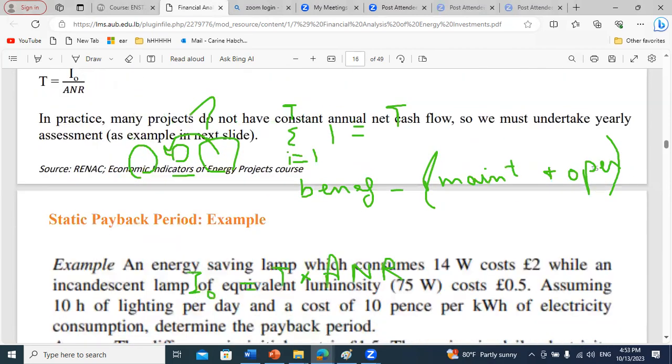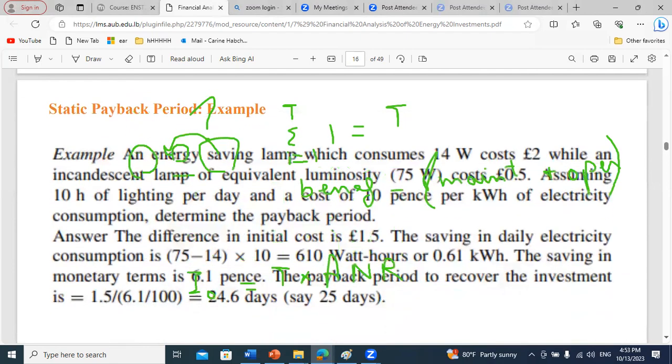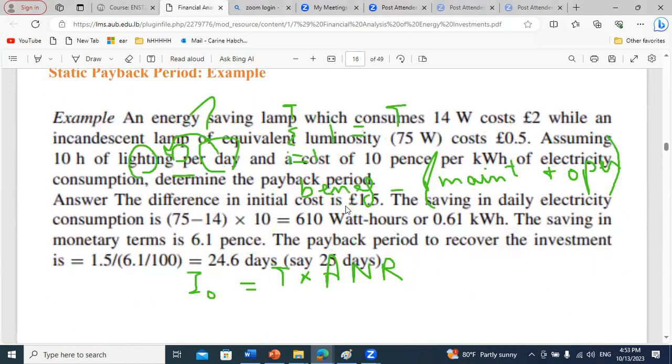Let us take an example. Let us take first an example of a static payback period with a constant rate. Sometimes we don't take an annual rate; it can be per day, so the rate can be per day, depending on the application that you have.